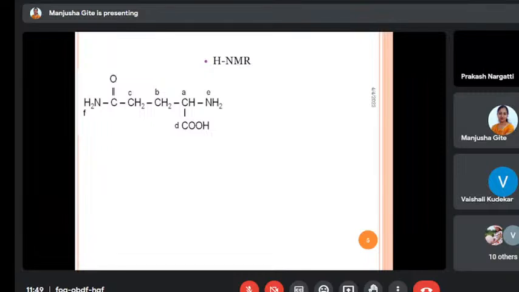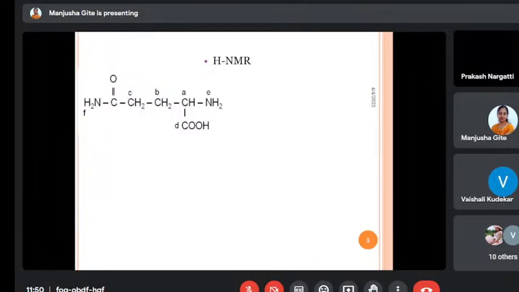Same. I will move to CNMR. CNMR is a spectroscopy used to determine the presence of different types of carbon. Now you tell me how many different types of carbons are present in this compound? 4. 1, 2, 3, 4.